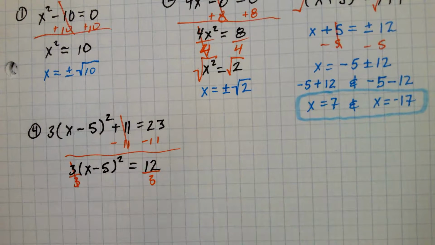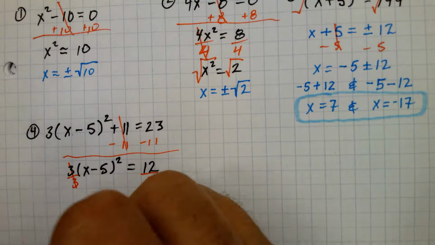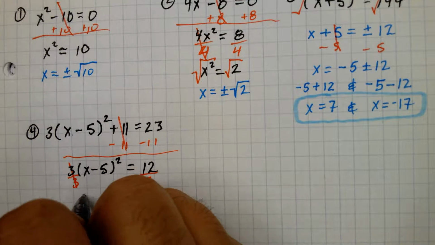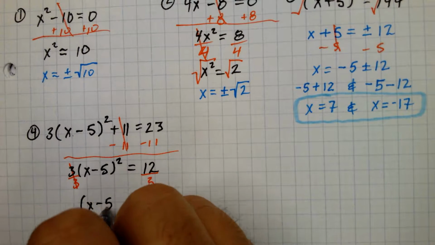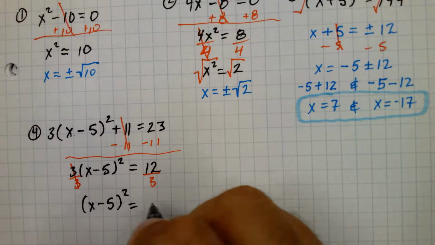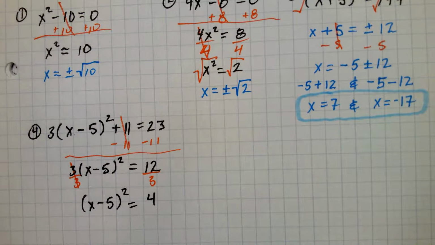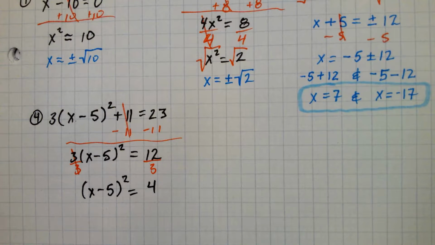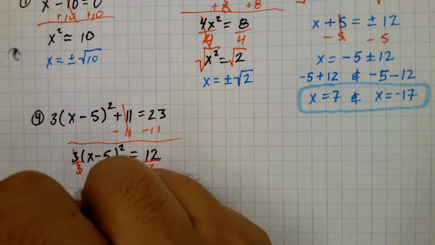It's like a two-step equation. So we end up with x minus 5 squared equals 4. Okay. Now we have this squared part all by itself. It's a binomial.